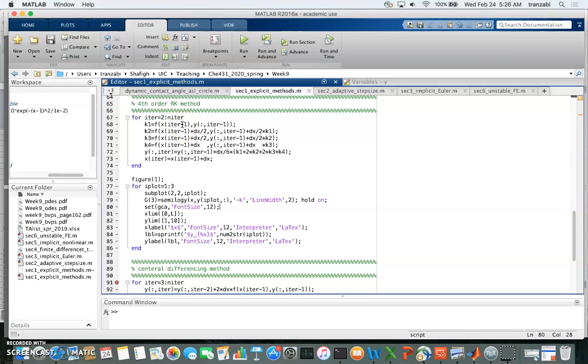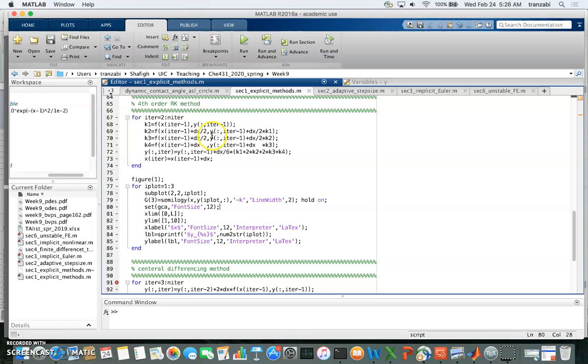We talked about this difference in the indices, either i or i plus 1. I don't think that changes the result. Actually, it should not change the result. Then we have k2 at x plus del x over 2, k3 at x plus del x over 2, and then k4 at x plus del x.